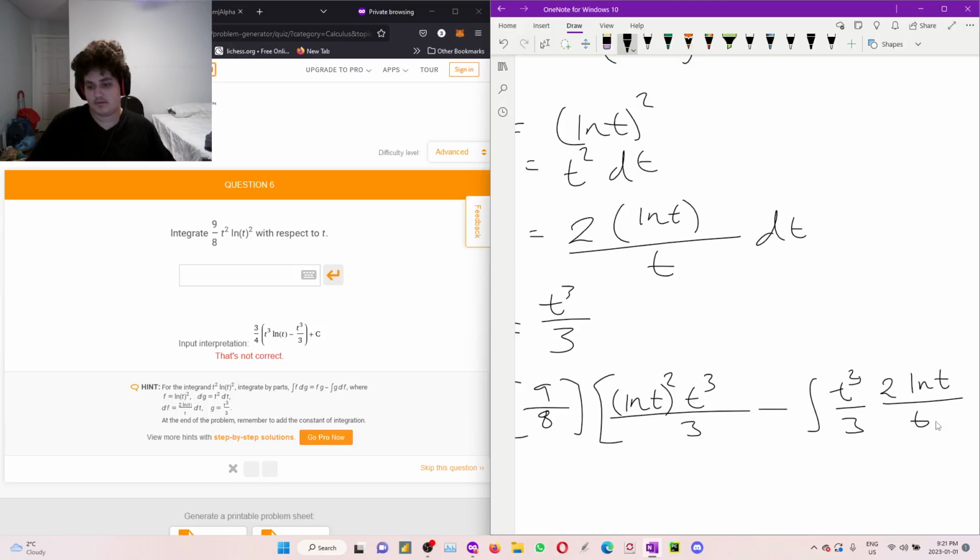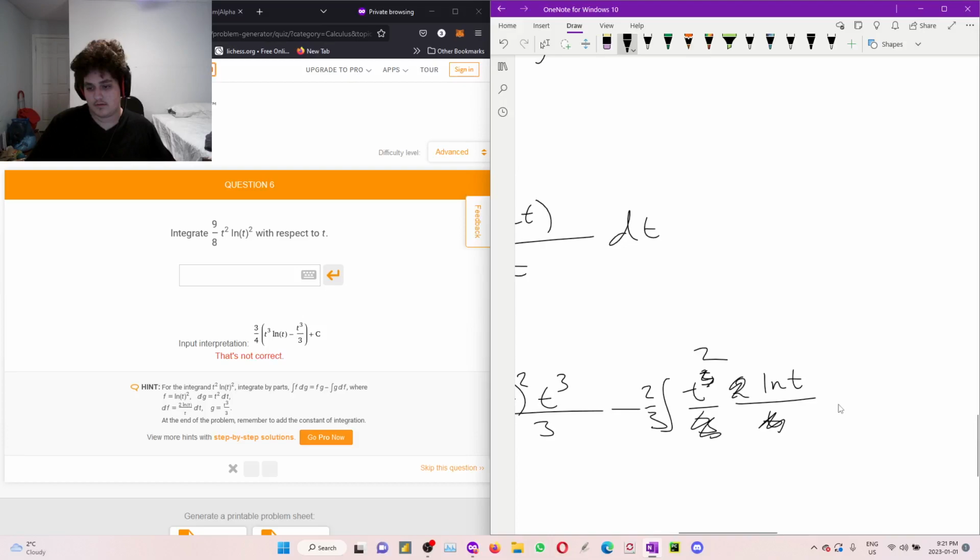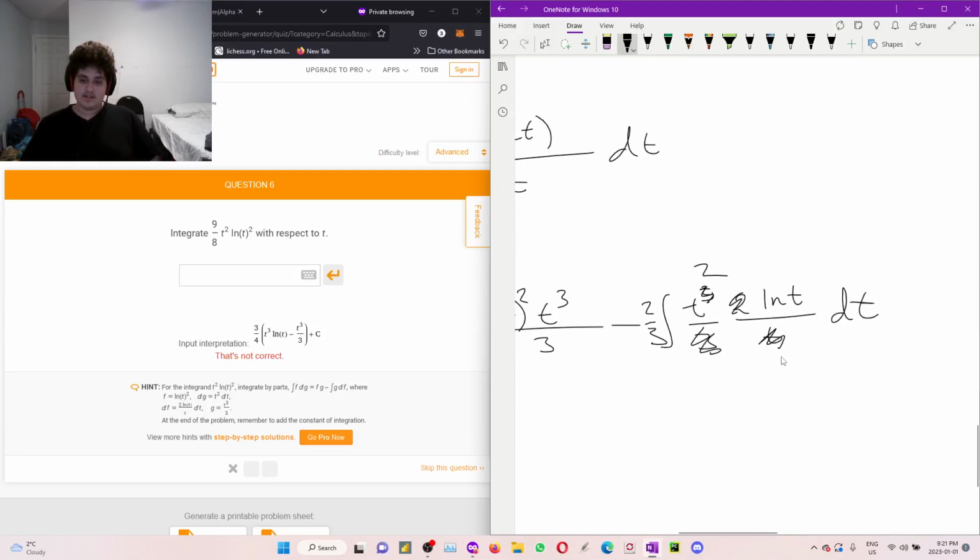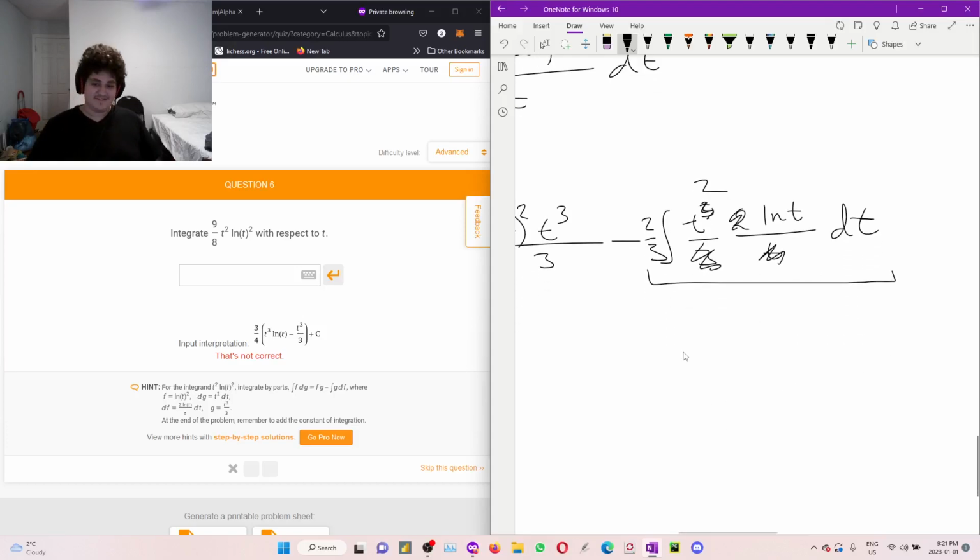So we can take the 2/3 out, make this a t squared, and we should use again the integration by parts method to change ln t to just 1 over t. This is pretty repetitive. It gets pretty boring, but it's good practice.